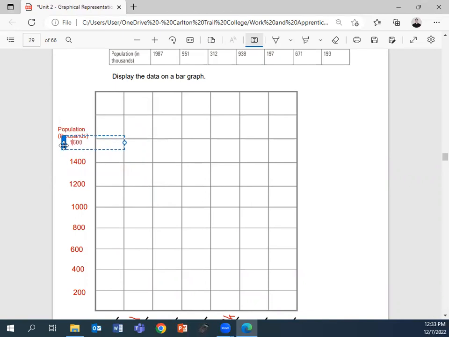I apologize, I can't really make it that much bigger just because I want to be able to fit the whole graph in here. 1,800, and then I have 2,000 here, which is technically 2 million. Okay, so once we've done that, I'll give you 20 seconds.